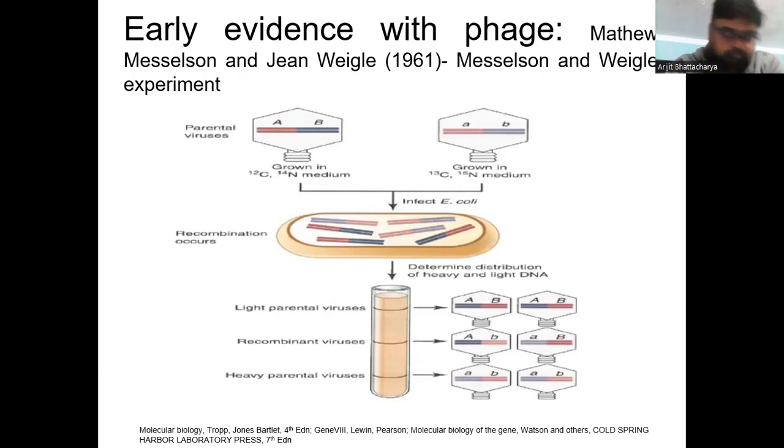The principle that they adopted to analyze this was similar to the classical Meselson-Stahl experiment, which was exploited to identify the semi-conservative nature of replication. There they used cesium chloride density gradient centrifugation to separate differentially labeled DNAs. Here they used a similar density gradient centrifugation.